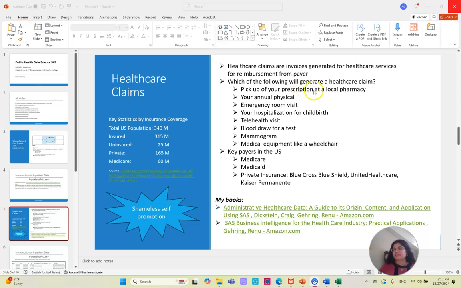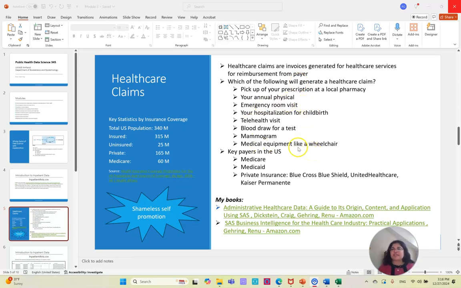When you pick up your prescription at a local pharmacy, your annual physical at your doctor's office, an emergency room visit because your child broke their wrist, your hospitalization for childbirth and the subsequent stay for the birth of your baby, a telehealth visit done via video, a blood draw for a test, a routine mammogram, or medical equipment for your elderly mom who needs a wheelchair. And if you picked all of the above, you got it right.